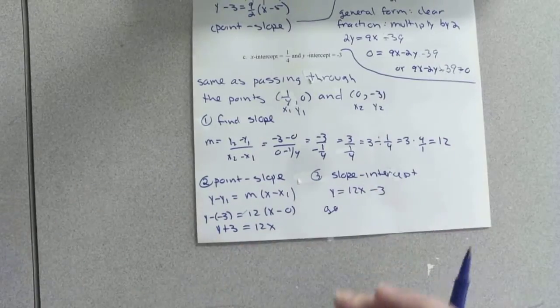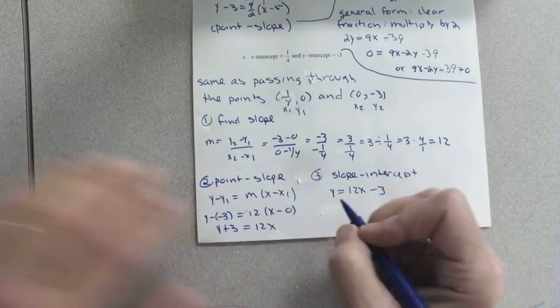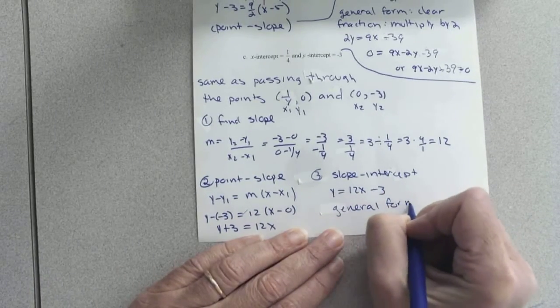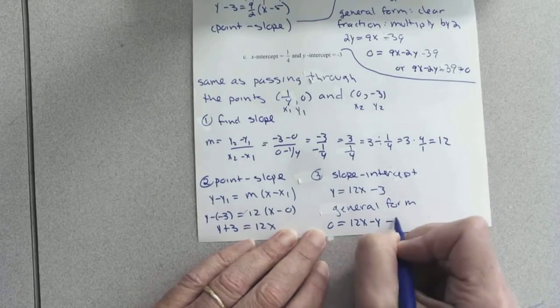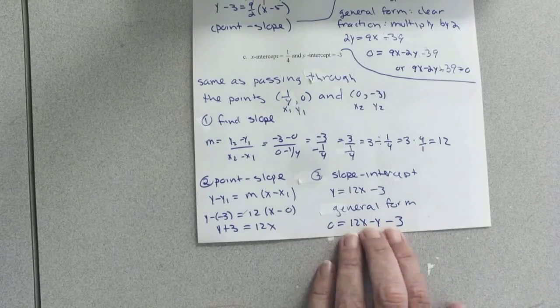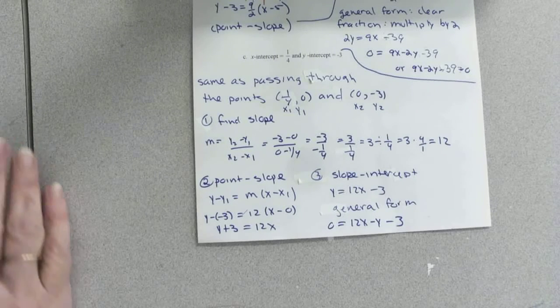Then general form: 0 equals 12x minus y minus 3. I don't care what side your 0 is on. Well, I don't care about this form at all. The computer might want the 0 on the other side. If the computer wants the 0 on the other side, put the 0 on the other side for the computer.